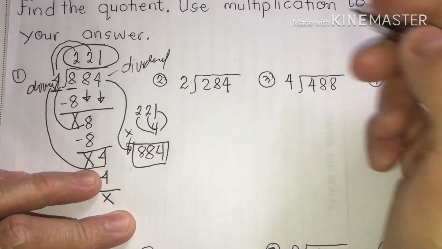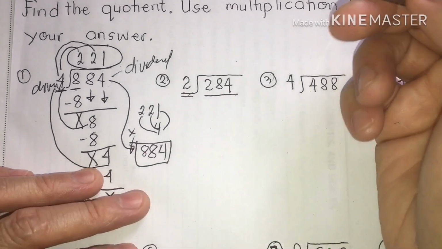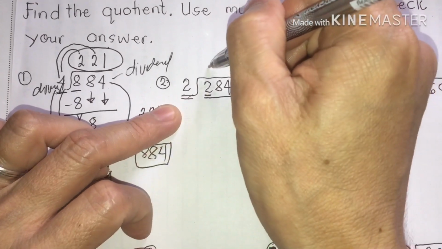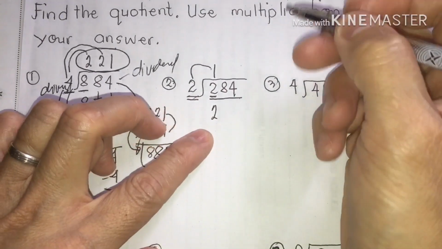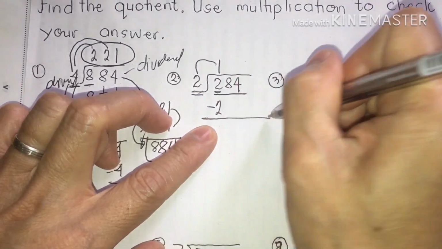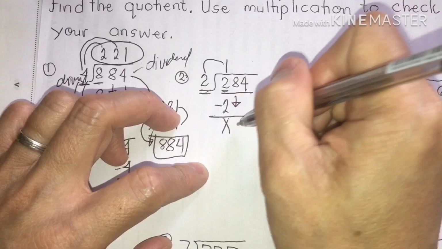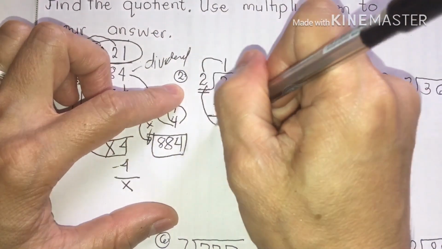Okay, let's follow, guys. Next, given is 284 divided by 2. 2 is our divisor. Let's just start: 2 divided by 2. We have 1 times 2. We're going to write the product here, 2. Then we're going to subtract. Put an X because this is 0. Bring down 8. Next, 8 divided by the divisor 2.